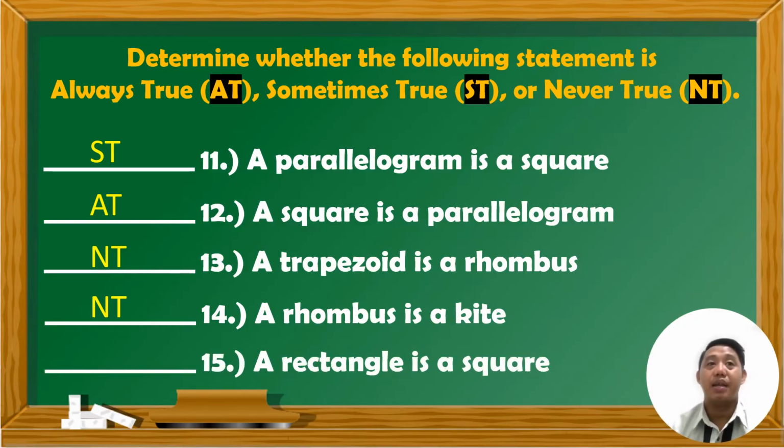If your answer is always, that's also wrong. A rectangle is a square, pababa yun. It is sometimes. Okay? So that is how you classify a quadrilateral. You have to memorize yung ating flowchart para masagot natin yung mga tanong na sometimes, always, or never. Okay?